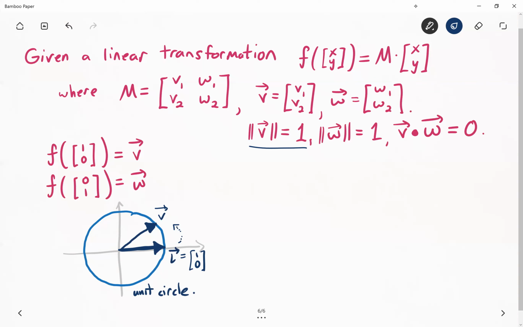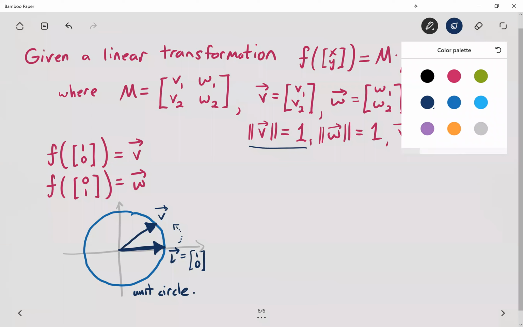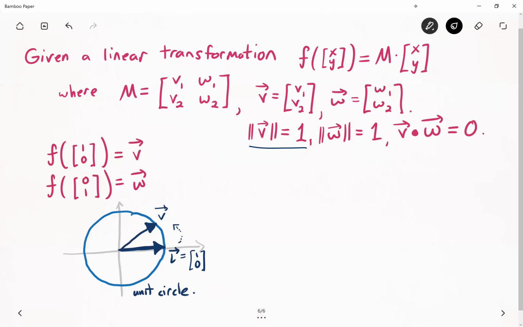Also, we have the basis vector 0, 1, which I can write in a slightly different color. Maybe I'll use black for this one. So up here, I have the unit vector J, which is 0, 1.